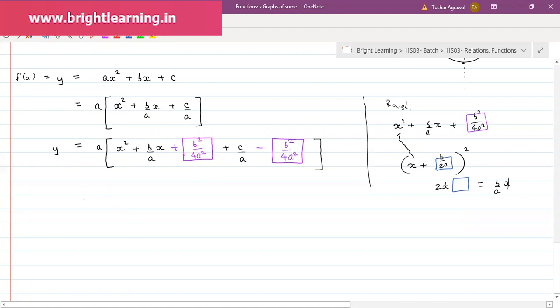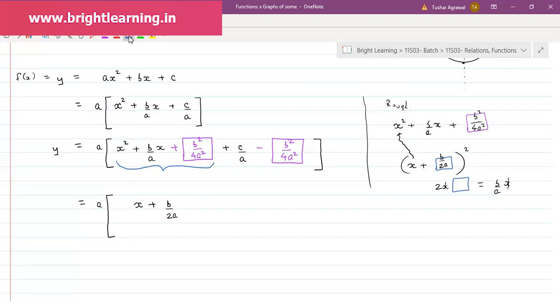As soon as I add and subtract these terms, I have not actually changed anything. So these three things combined, x square plus b upon a times x plus b square upon 4a square, give me the result (x plus b upon 2a) complete square.